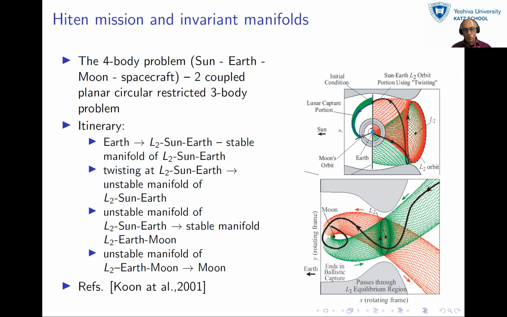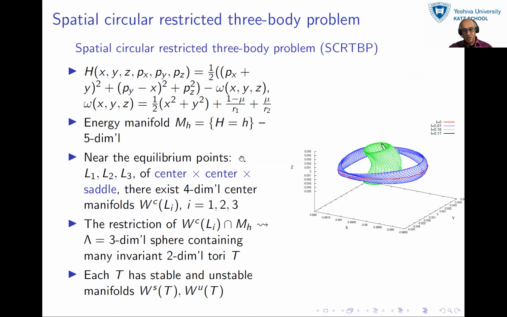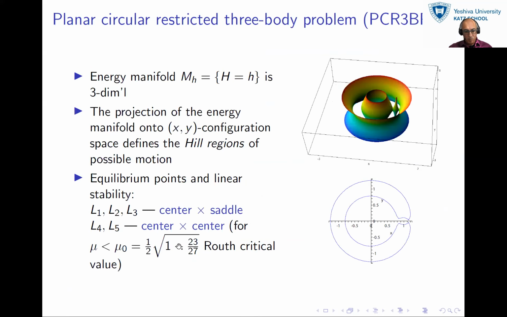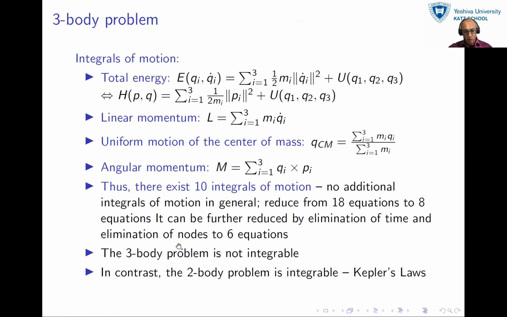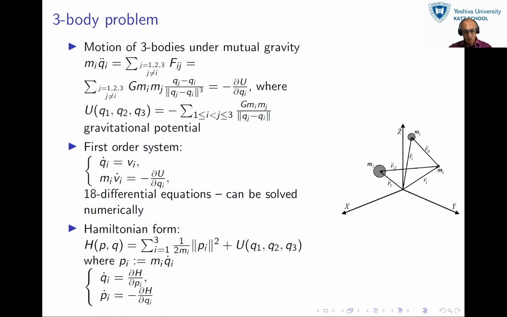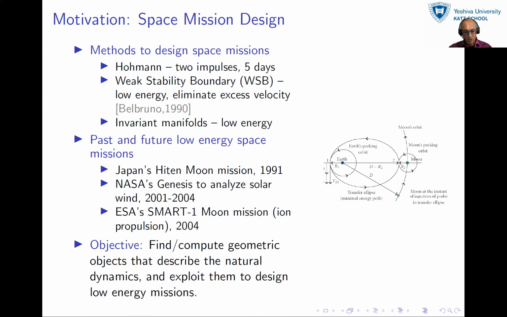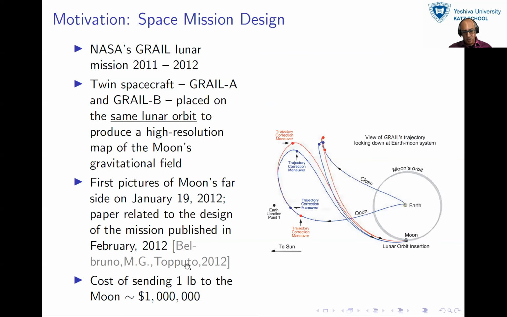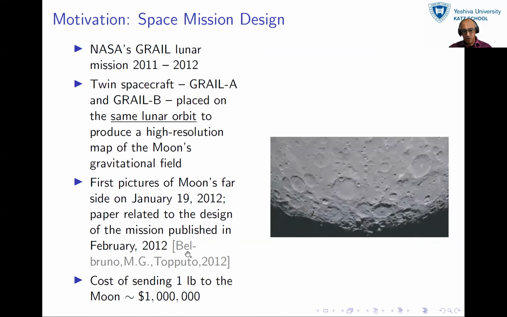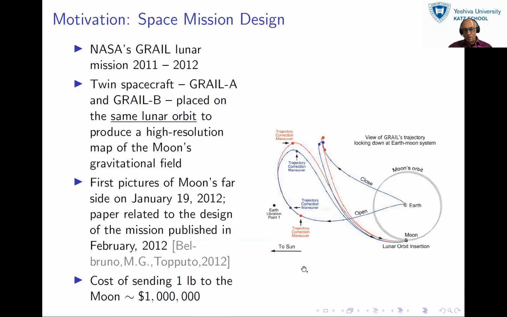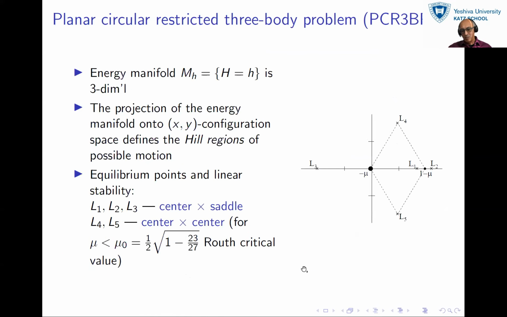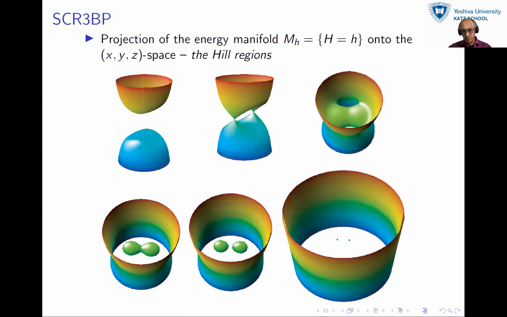So the two methods are closely related to each other. And in the paper that I think I mentioned before by Belbruno, Topputo, and myself, we sort of explain that this mechanism of weak stability boundary can be explained in terms of the invariant manifold.